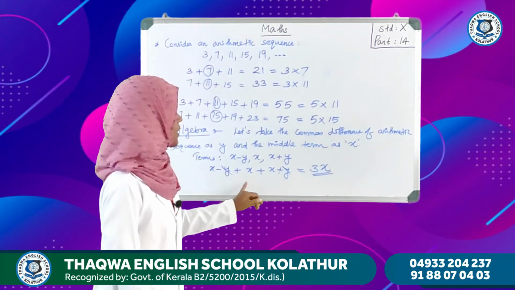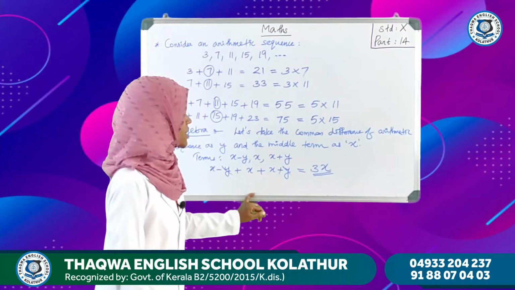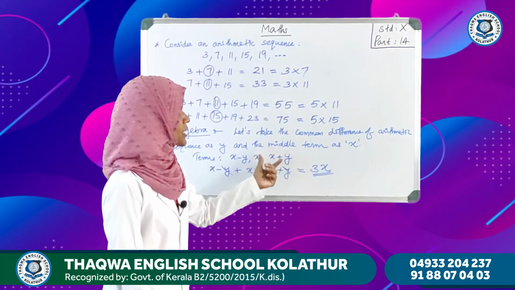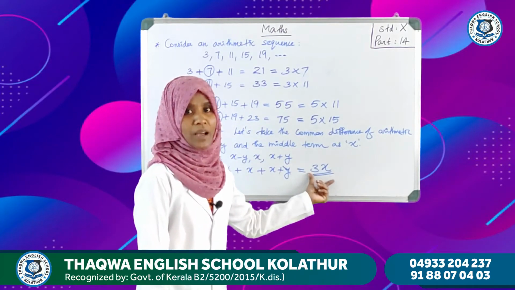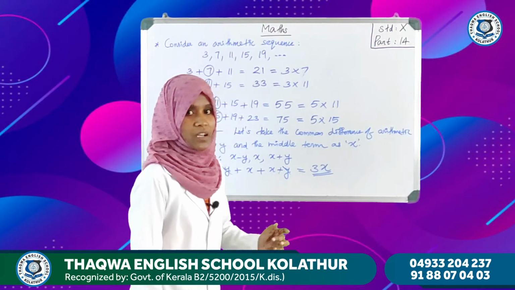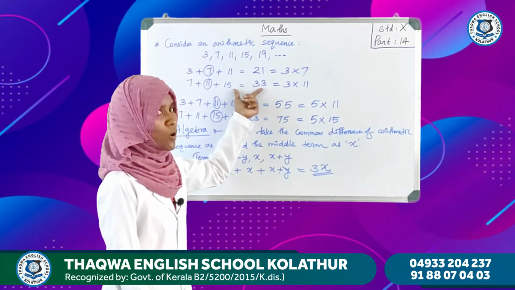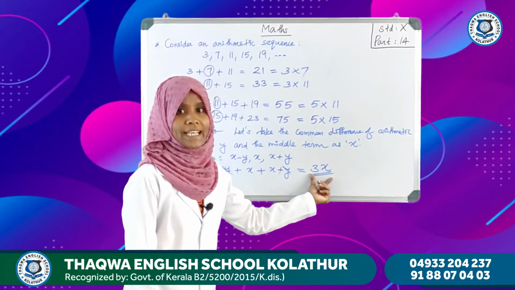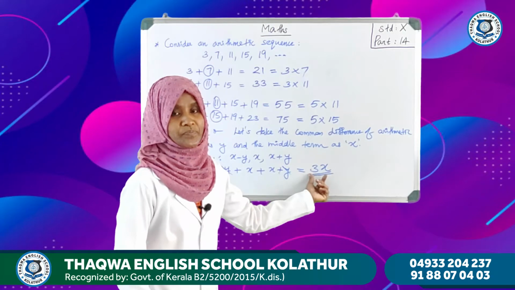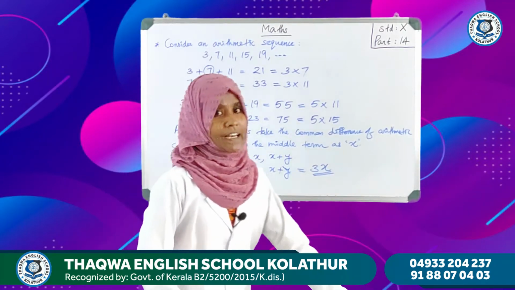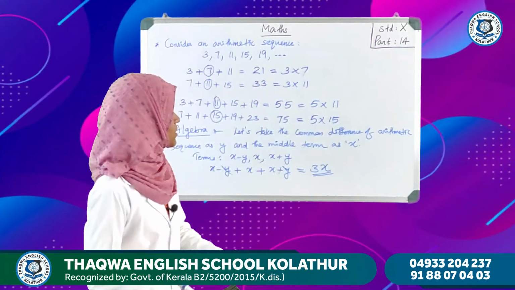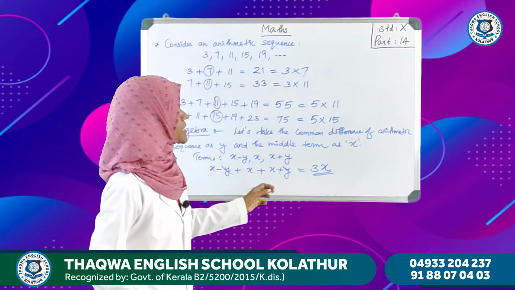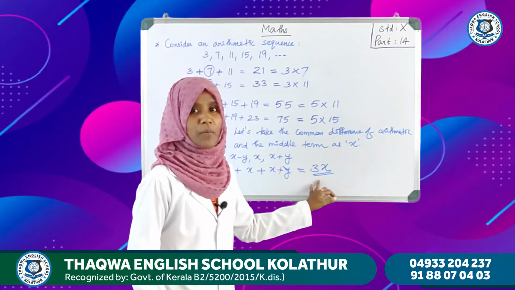Okay, so in any arithmetic sequence, the sum of any 3 consecutive terms is 3 times the middle number. Similarly, the sum of any 5 consecutive terms of any arithmetic sequence is 5 times the middle number.